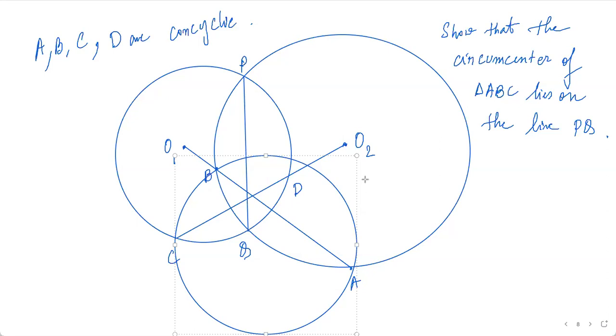Okay, now when I'm drawing this circle, notice one thing here. What are the radical axes? AB is one of the radical axes.